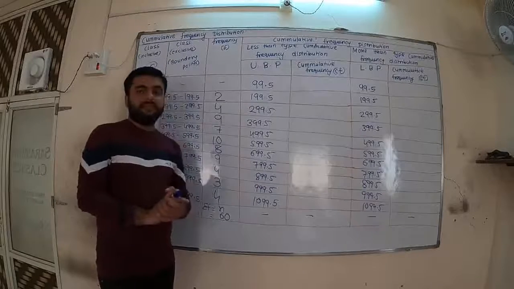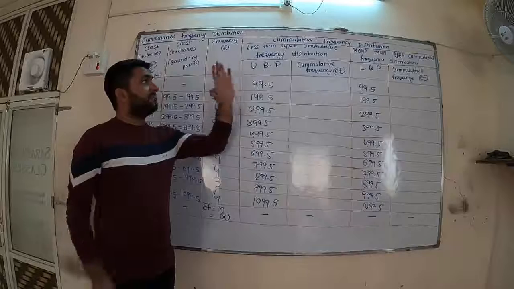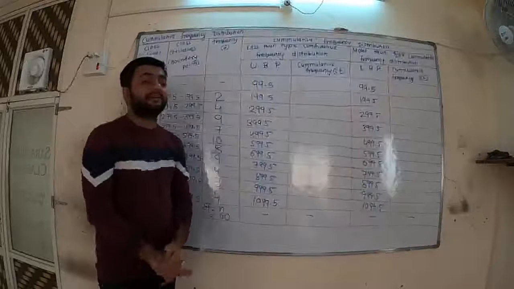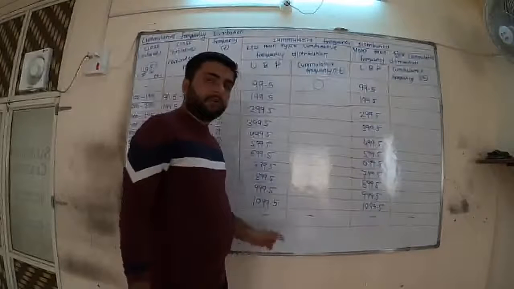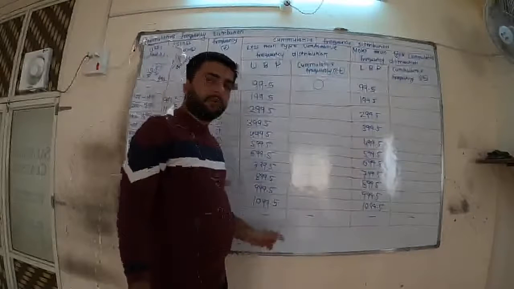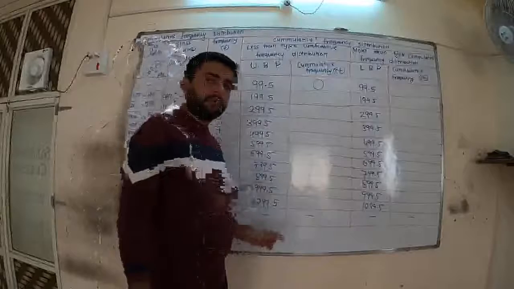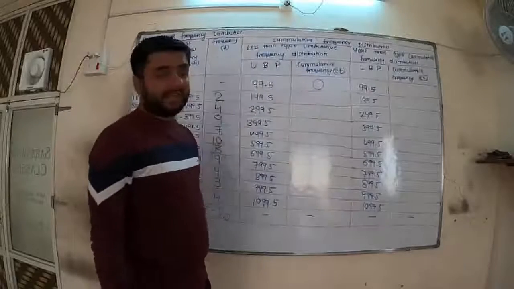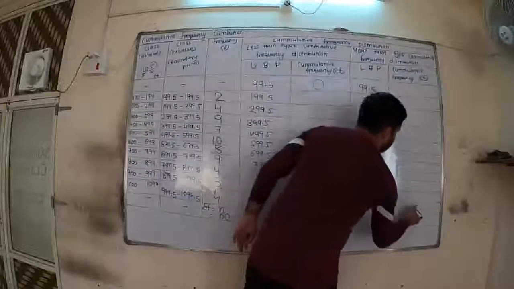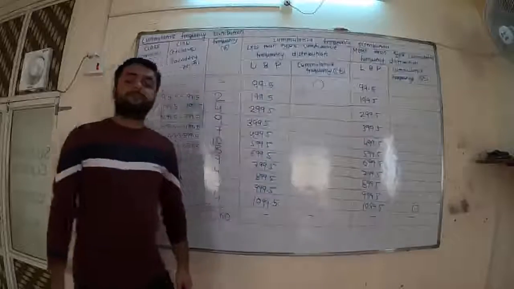Whenever you are solving less than type, the first value will be 0, and for more than type the last value will be 0.